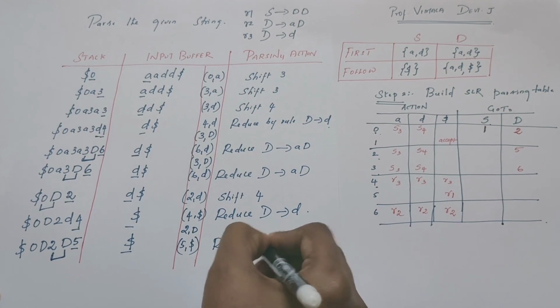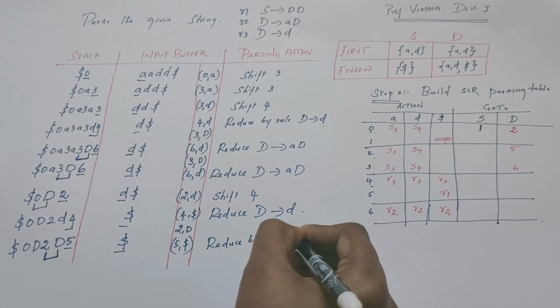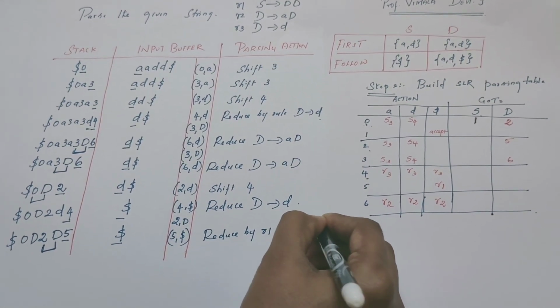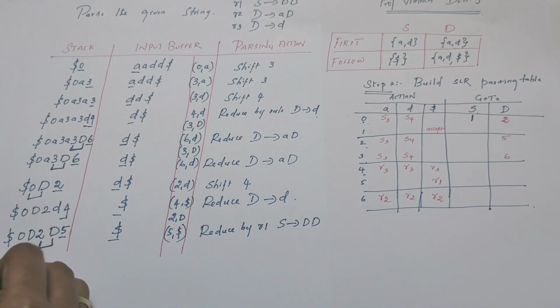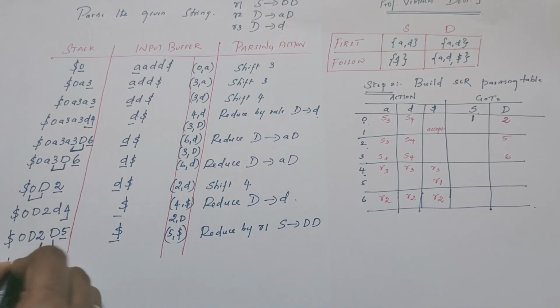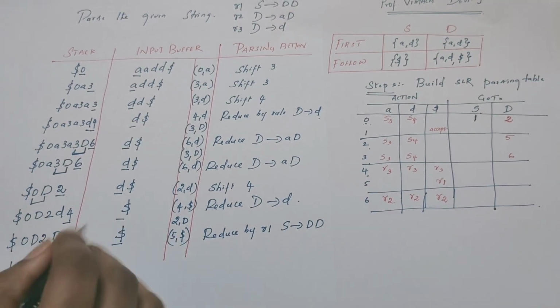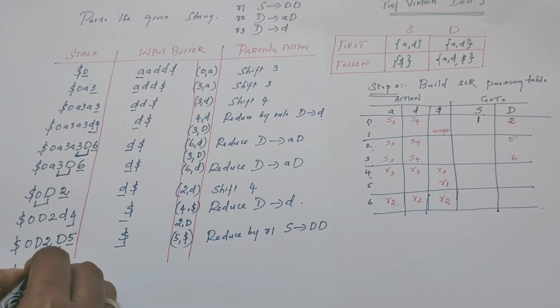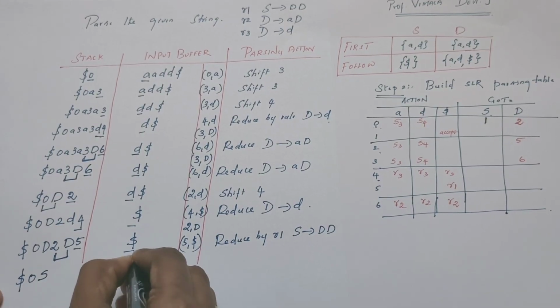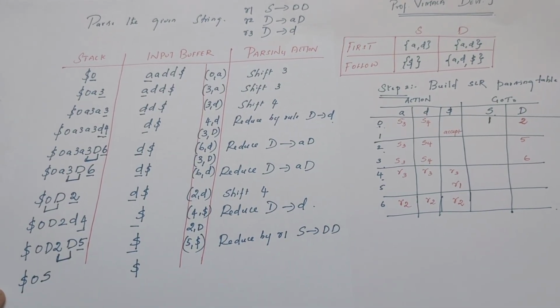What is rule 1? In fact, S derives DD. So what am I supposed to do here? $0. After D, whatever appears at the top of the stack is to be popped off and replaced by S. Now the input buffer contains only the dollar symbol.